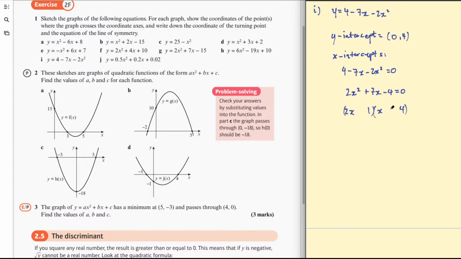So it would have to be +8 and -1. That does factorize. I wanted one that did not factorize actually. I wonder if there's a way of telling if something will have x-intercepts just by looking at the quadratic. Oh, I think this one, no, that's 2 and 1.